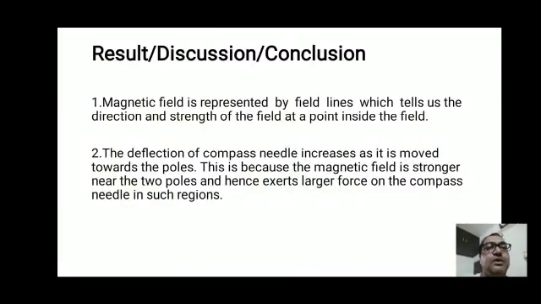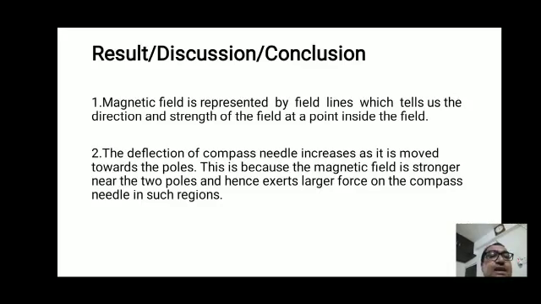Then we will move to the next step, the result or discussion. There are two discussions. First, the magnetic field is represented by field lines which tell us the direction and strength of the field at a point inside the field. And second, the deflection of the compass needle increases as it moves towards the poles.